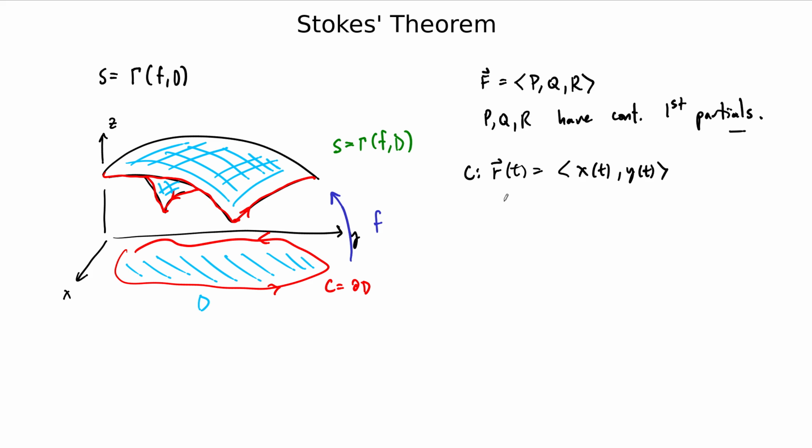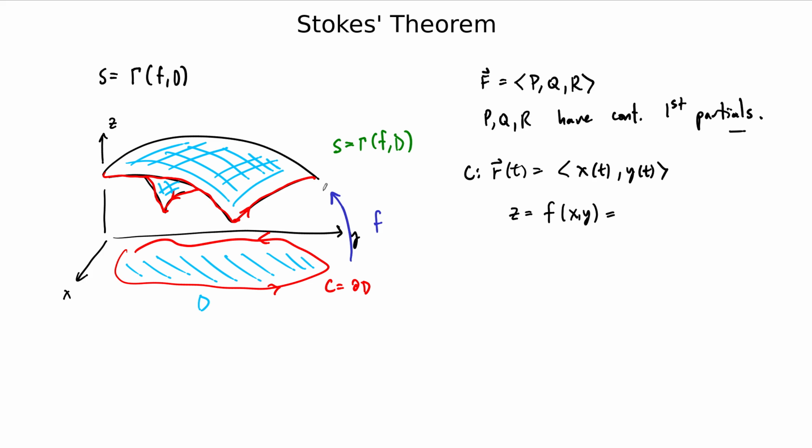And then what we know, of course, is that z can also be written as a function of t now, because when we parameterize the image of the boundary curve upstairs, the z coordinate is given by f of x, y, of course, because it's the graph of a function.